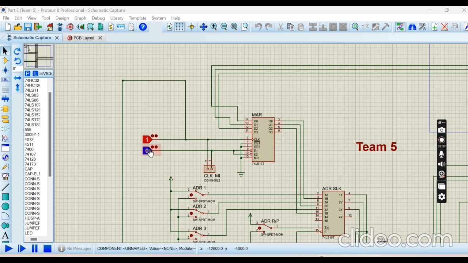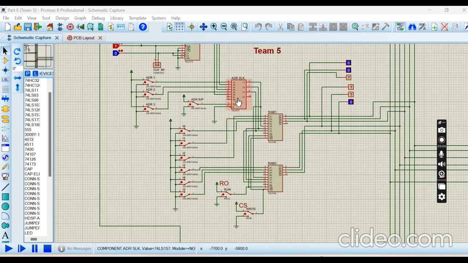So here we have 2 inputs and the MA. The 3 outputs of the MA are connected to the address selector. Also, the 3 inputs here are connected to the address selector.